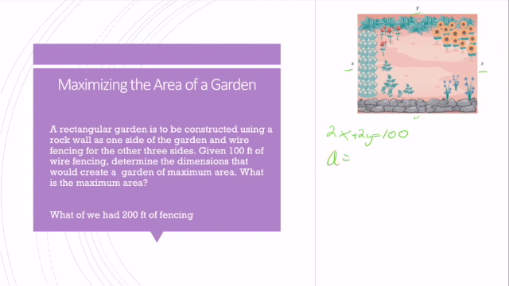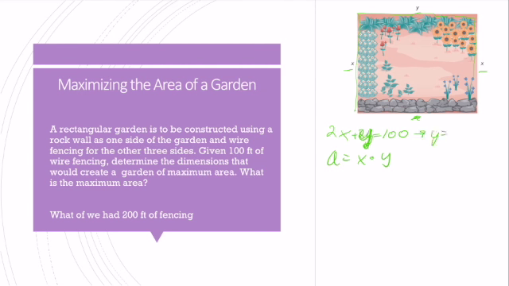So we can rewrite the area just in terms of x. So why don't we solve this first equation for y? I have just one y though because I have only 3 walls. So I have y equals negative 2x plus 100.